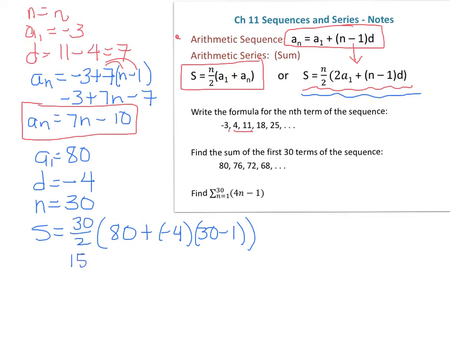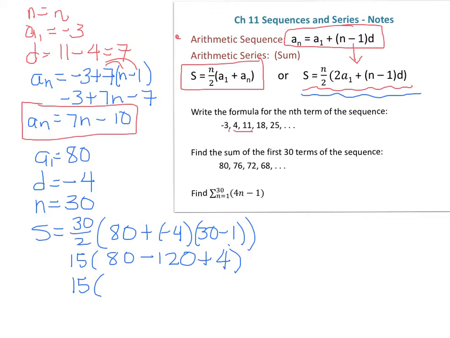So this is going to be 15 times (80 minus 120, and then -4 times -1 is +4). And so working that out, we get 15 times (80 minus 120 is -40, -40 plus 4).